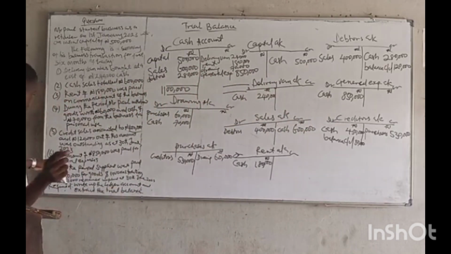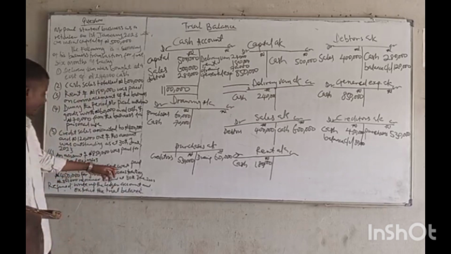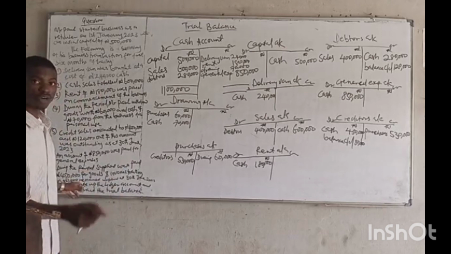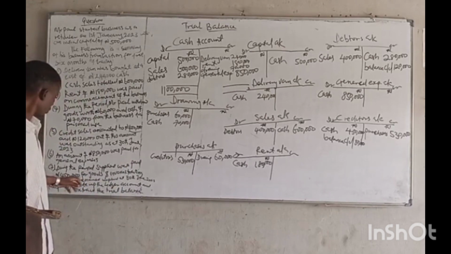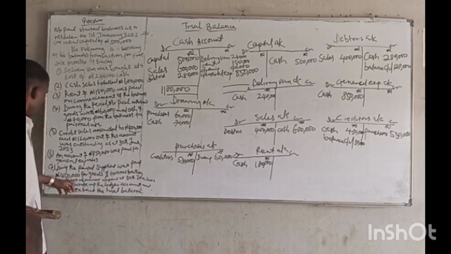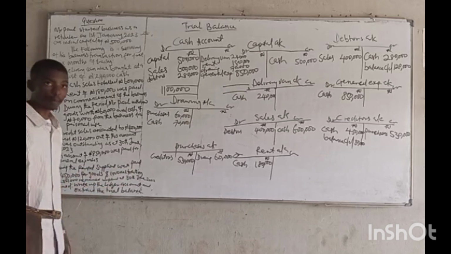The next transaction, which is the last transaction, says during the period, suppliers were paid 450,000 for goods, and invoices totaling 80,000 remain unpaid.